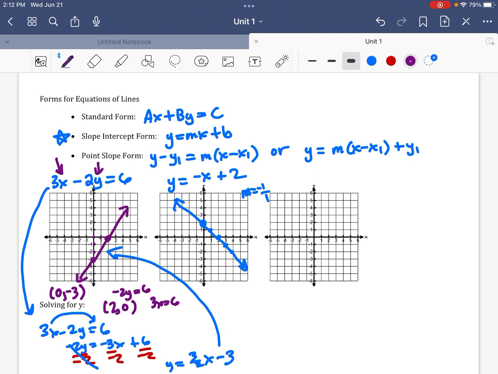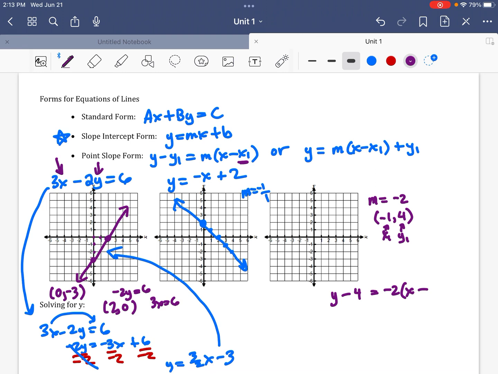A lot of times when somebody gives you information about a line, they might tell you, hey, the slope of the line is negative 2, and the line goes through the point, I don't know, how about (negative 1, 4). So there you go. If you wanted to quickly write the equation of that line, you could do this. y minus y1, these are the numbers you're given right here, y1 is 4, equals m, so m is negative 2, parentheses, x minus, and I'm about to put a negative 1 behind this because that's my x1.